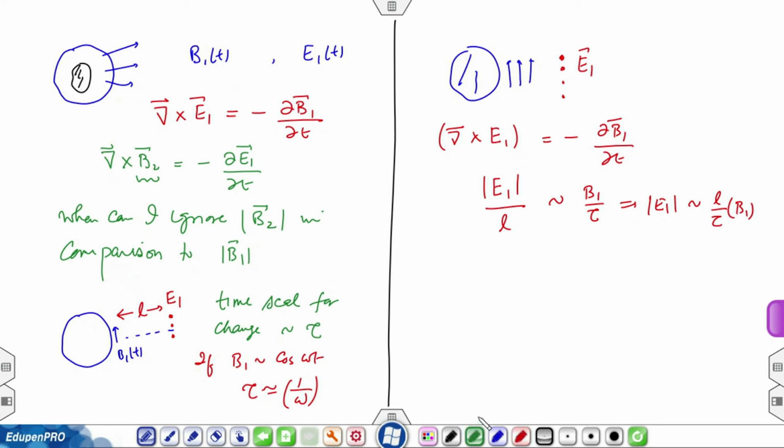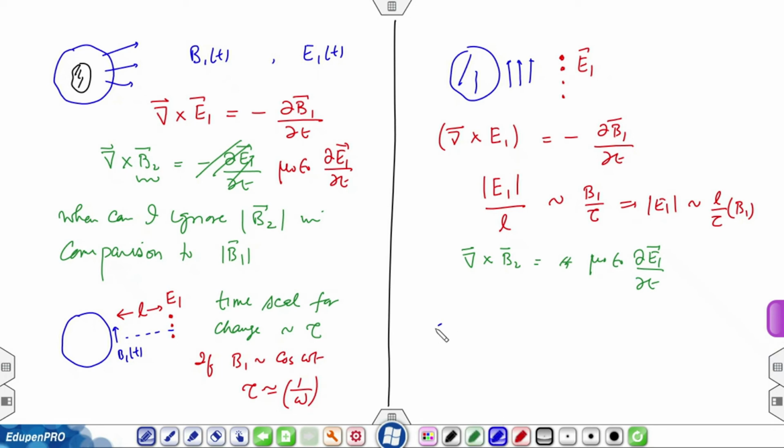Similarly, now I can go to B2. I have curl of B2 equals minus, oh, this equation was wrong, this was mu0 epsilon0 dE1/dt. So, this is mu0 epsilon0 dE1/dt.